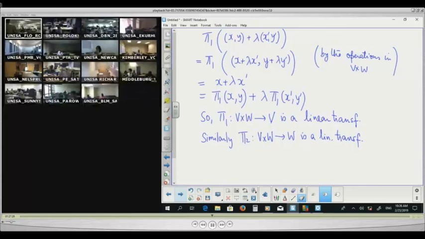Now let's come up with another very nice example. Very generic, very nice.